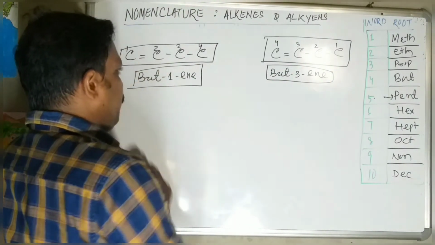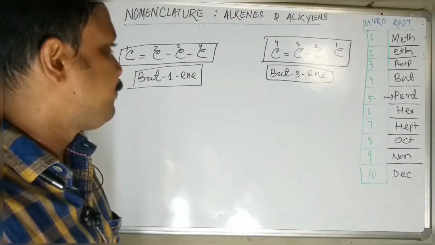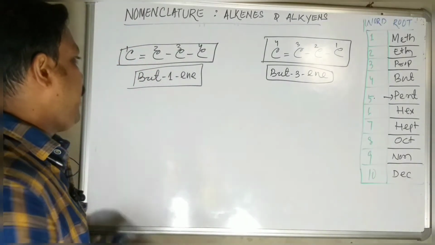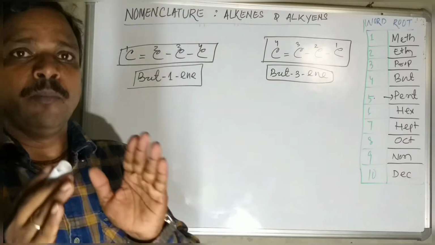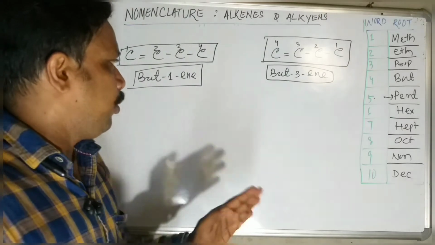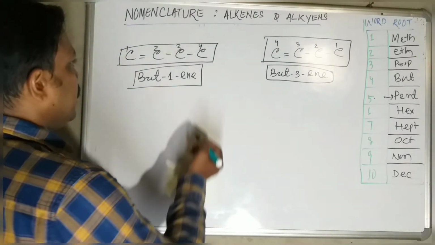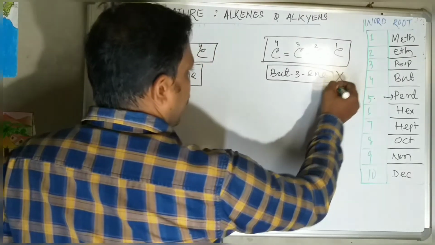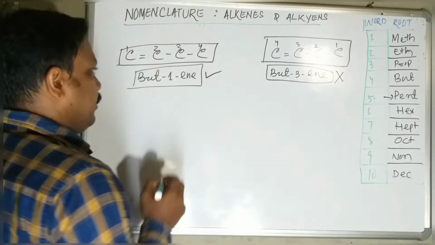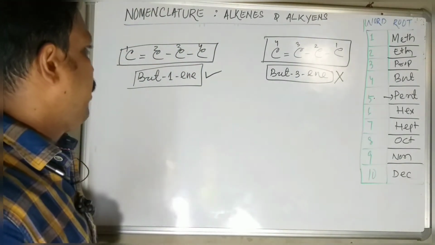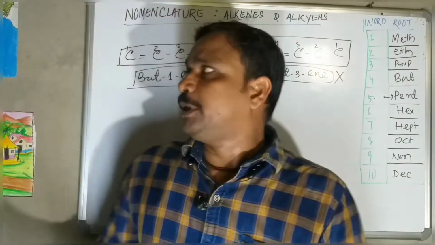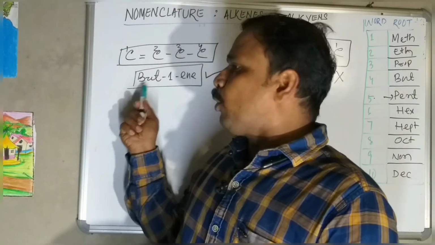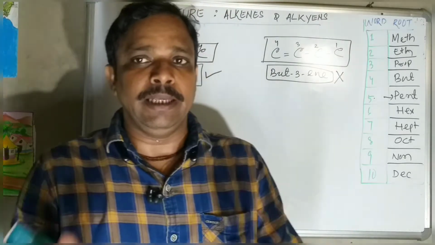Here are two types of naming. By the rule, the lowest number to the functional group is the proper one. So this is wrong and this is right. The IUPAC name of this carbon chain is but 1 ene.